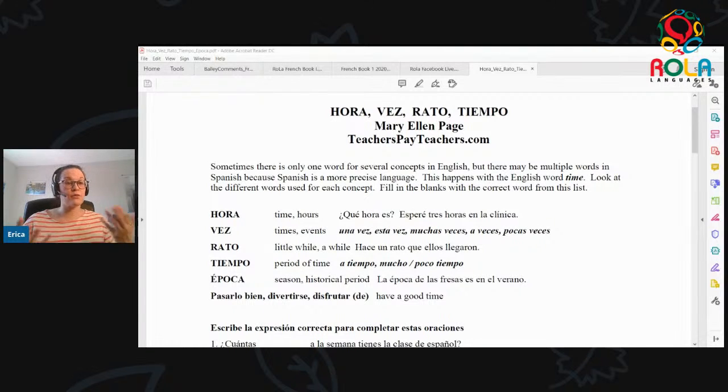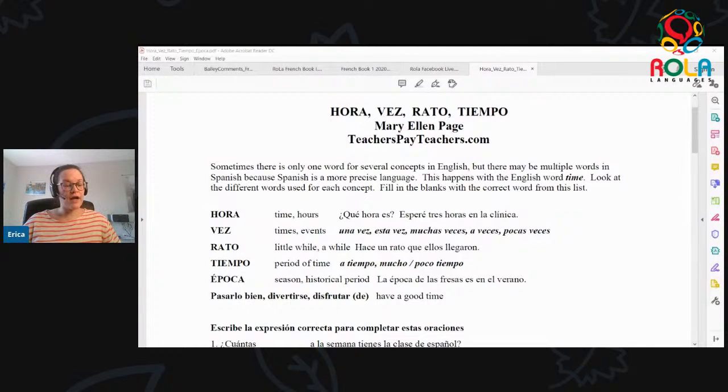This is how we use the word tiempo in the sense of abstract time, like a period of time. And it's usually something that we can't precisely measure. Now, tiempo can sometimes cause a little bit of confusion because tiempo is also the word we might use to describe the weather. So that's another layer to it. But for now, we're just going to focus on its use as meaning time. So that's tiempo, the more abstract idea about time.